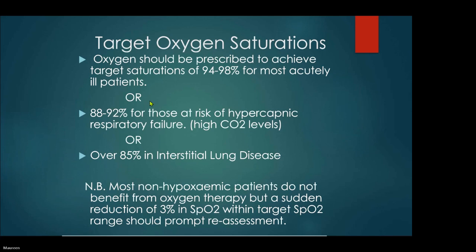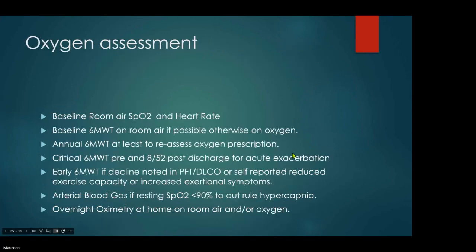So that brings us on to, okay, well, you've got target saturations, but how do we go about doing an oxygen assessment? So essentially, we do the baseline room air oxygen saturation level using the little probe on the finger, and that will tell us your heart rate also at rest.